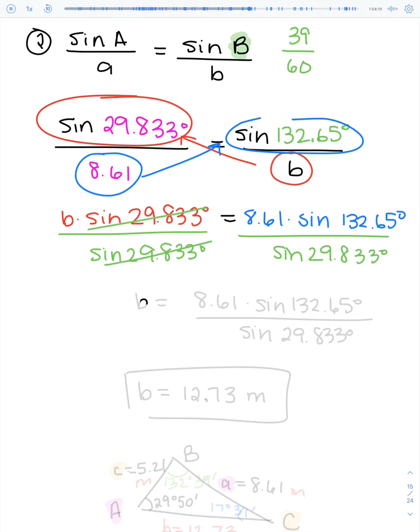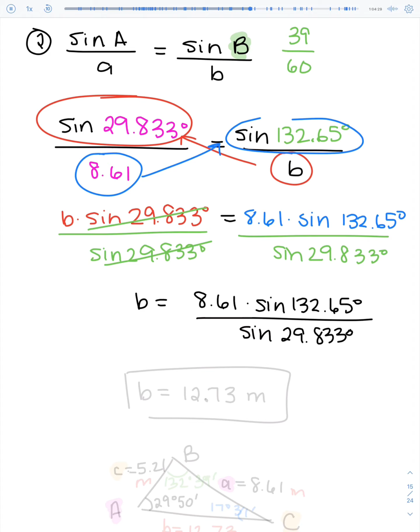And that would give you that B equals this messy thing, 8.61 times sine of 132.65 degrees all over sine of 29.833 degrees.